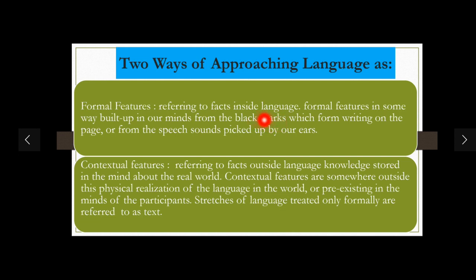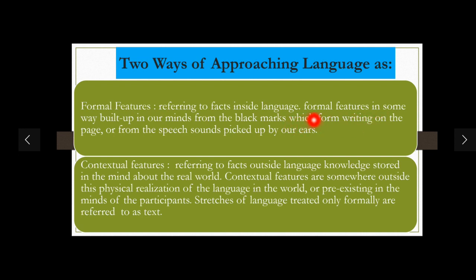So right now you need to remember that formal features are such features which are inside the language and which have physical realization. That's why we can see them, we can realize them physically, and formal features are associated with cohesion. We also call them cohesive devices.